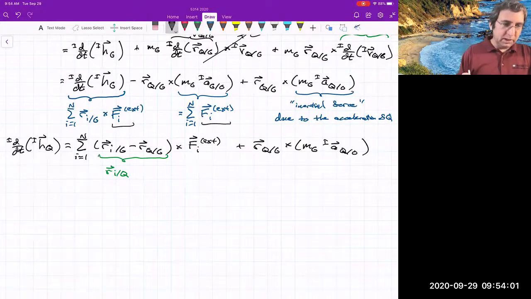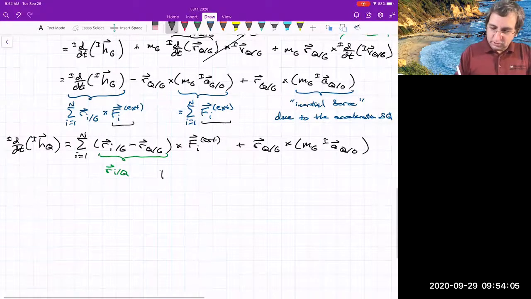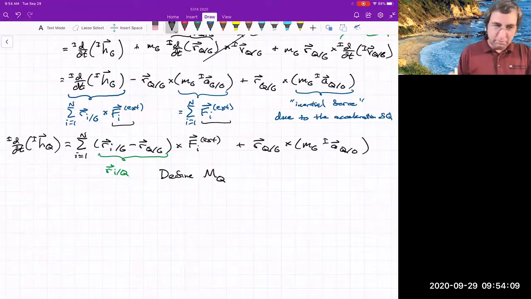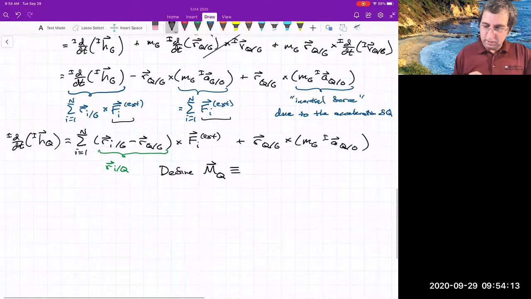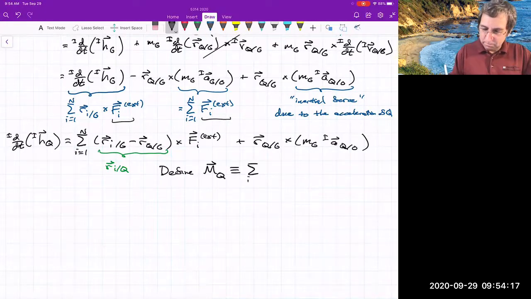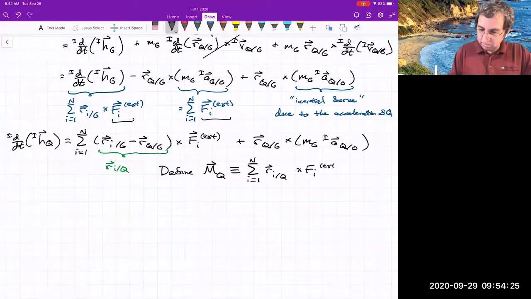So then we're going to define the moment of the system about the point Q as this sum from 1 to n, the moment arm, but now with respect to this point Q, R_IQ cross the external force.